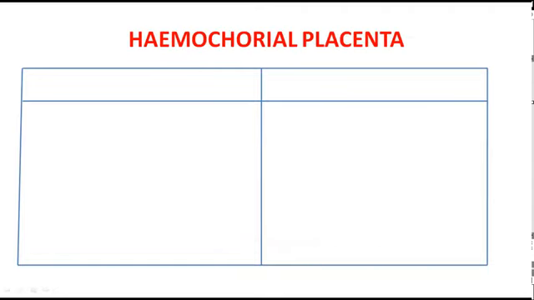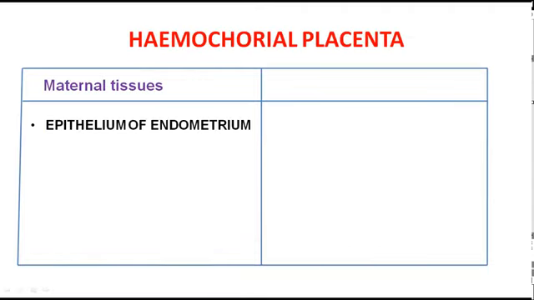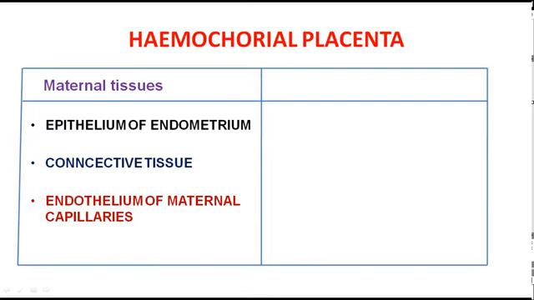Now come to see what happens during formation of placenta. In uterine wall, there are 3 layers, 3 types of tissues. These are maternal tissues: the epithelium of endometrium, connective tissue, and the endothelium of the blood capillary.